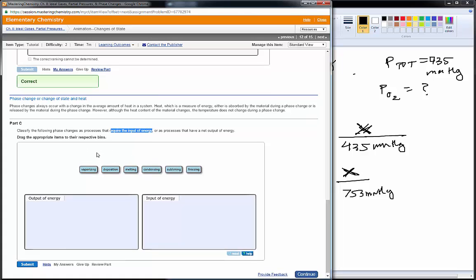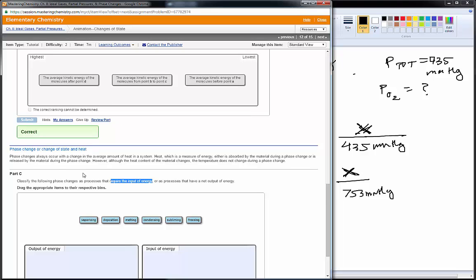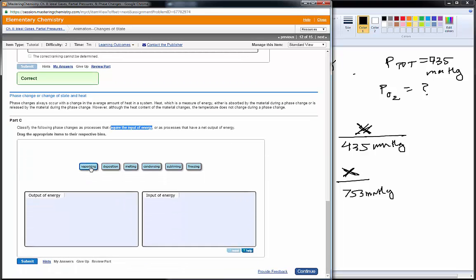Since gases have more energy than liquids, then in order to get more energy, I'm going to have to put more energy into it. So that is going to require an input of energy. Deposition is the process of going from a gas directly to a solid. And since solids have less energy than gases, that energy has to go somewhere, so it is released.